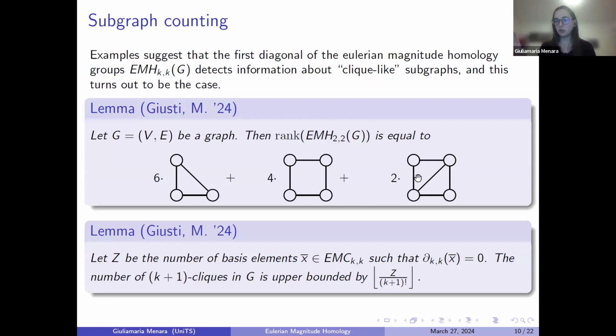The third coefficient is going to count something else. So in the Euler characteristic of this thing, the coefficients are going to account for different kinds of subgraphs, something like this sum. But I don't have a precise statement yet.